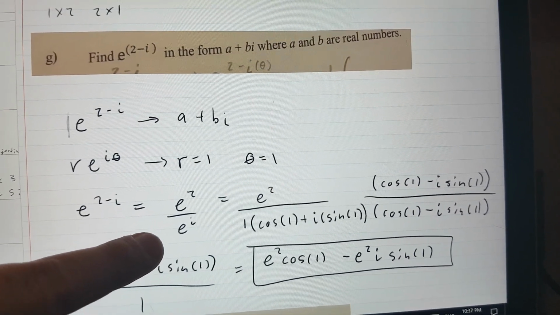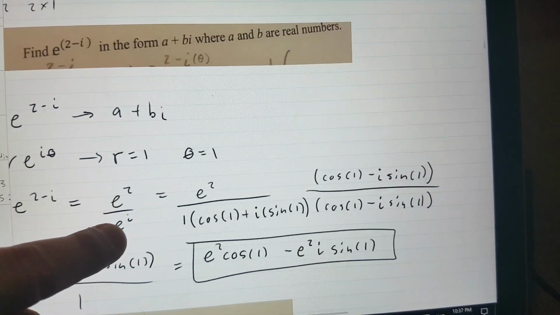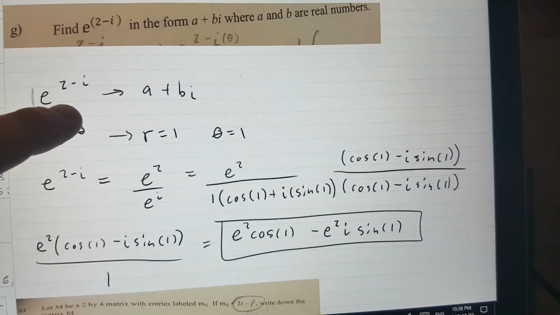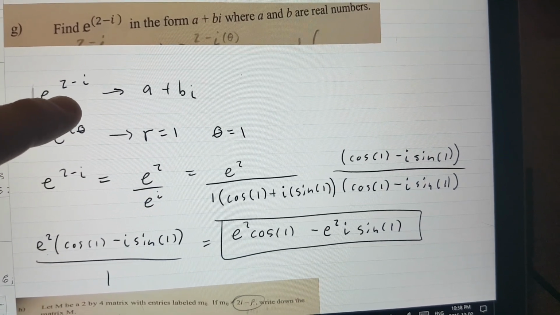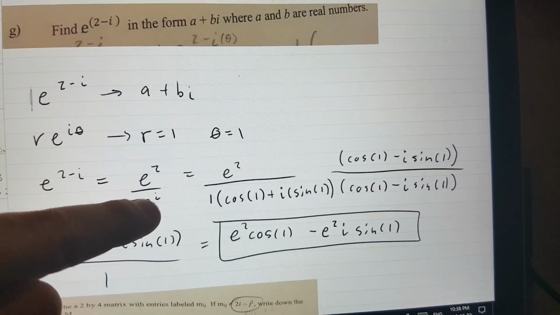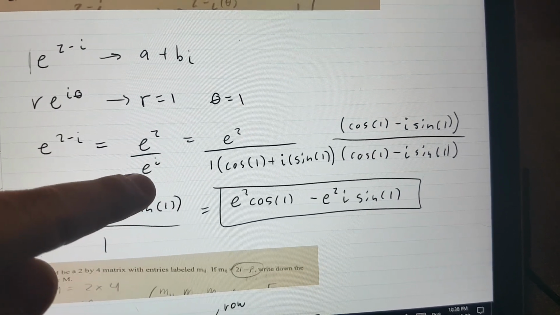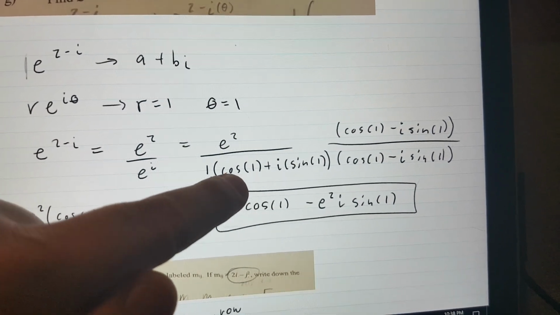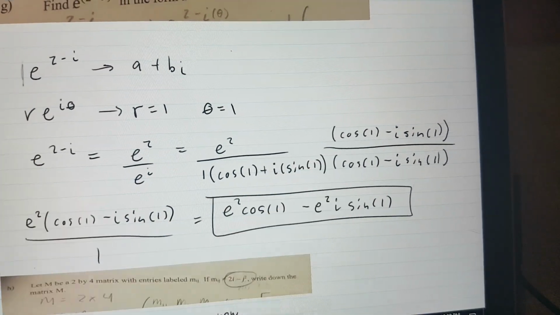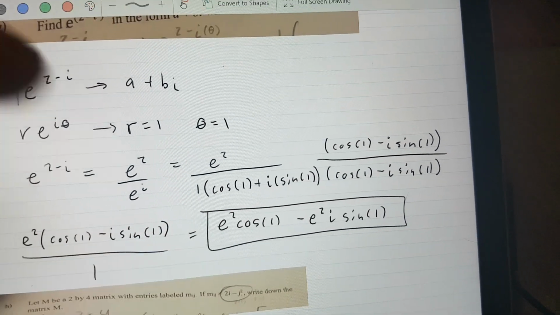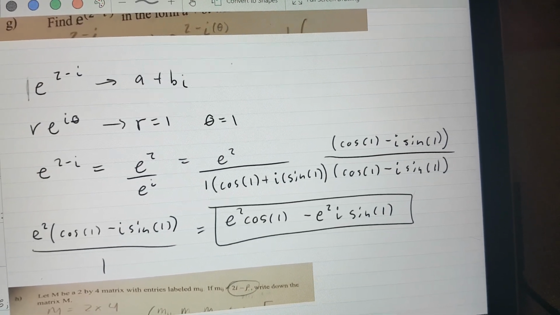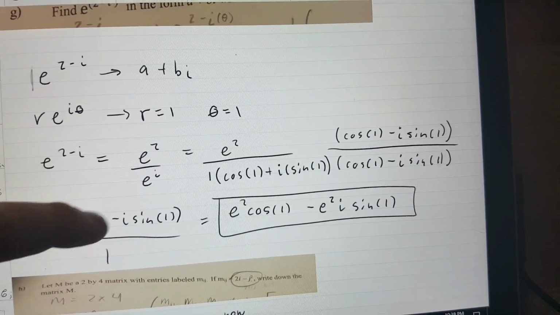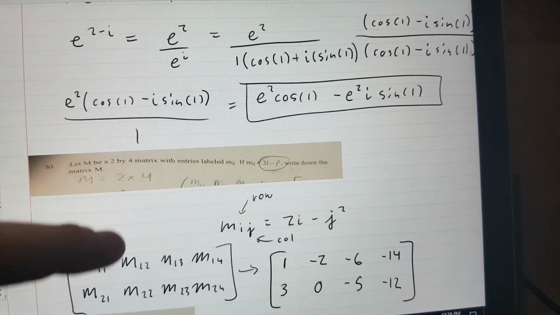Well, this is e squared divided by e to the i, so if I'm treating it like this, then theta in this case is 1. We're dividing by a complex number, so you better multiply by the complex conjugate. Then you'll find out that you get cosine squared plus sine squared, and that's going to be 1. And then e squared was up top, so you multiply that by that. There's your a plus bi form.